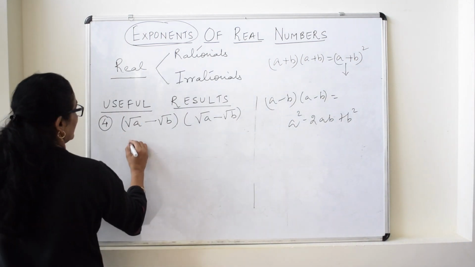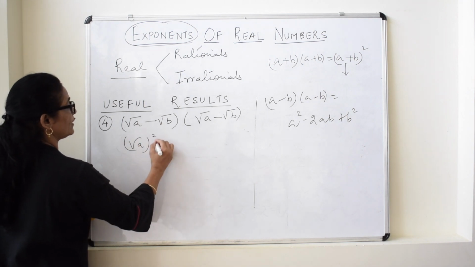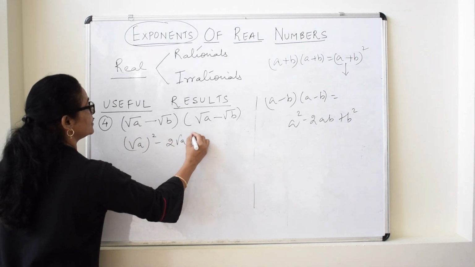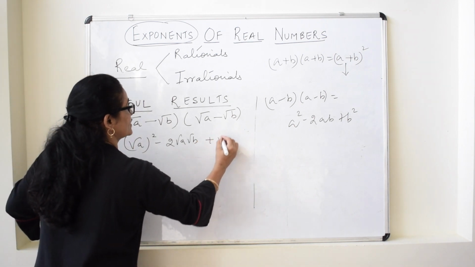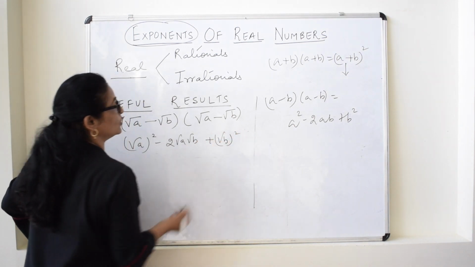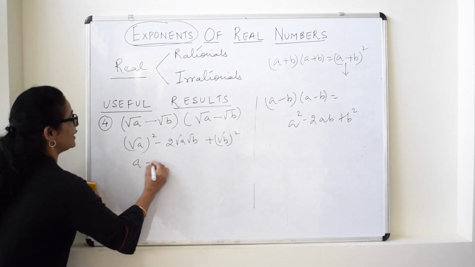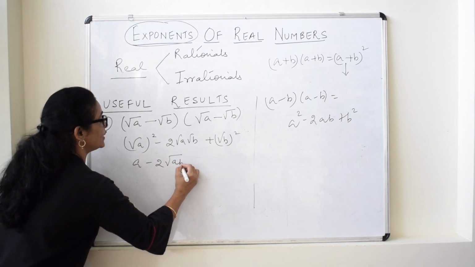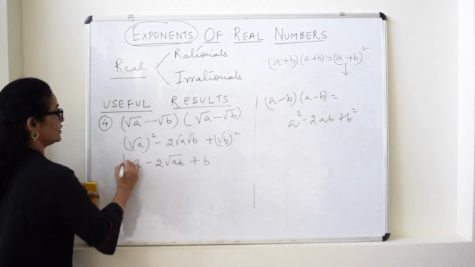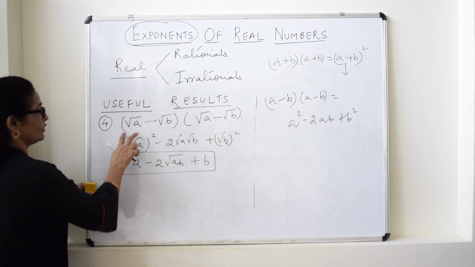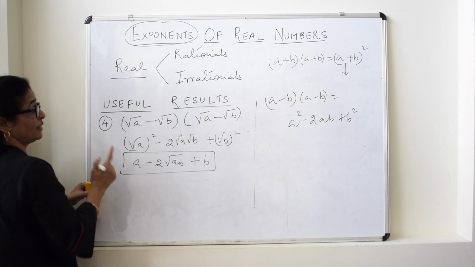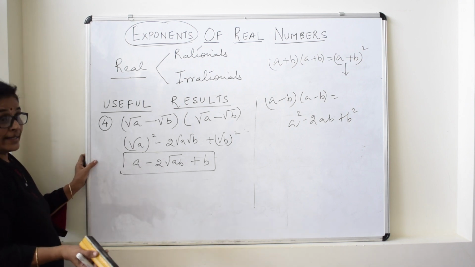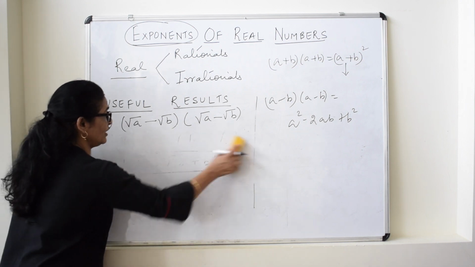So this will be (√a)² − 2 into first quantity into second quantity + (√b)² the whole square. Same thing, a − 2√(ab) + b. So this is the expansion of (√a − √b) into (√a − √b).